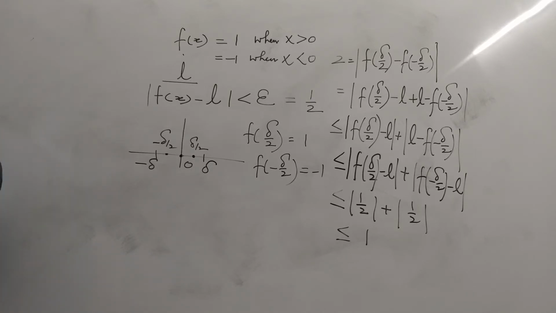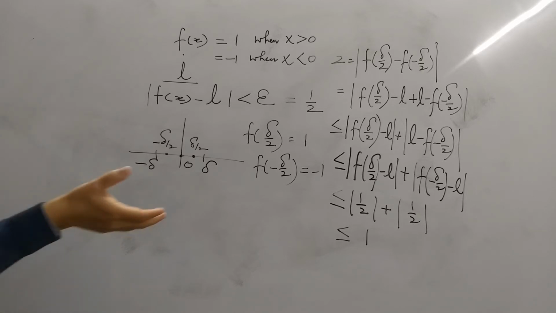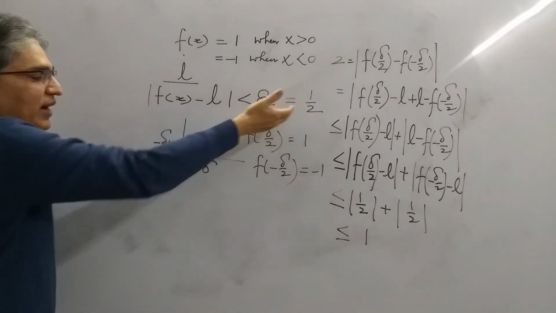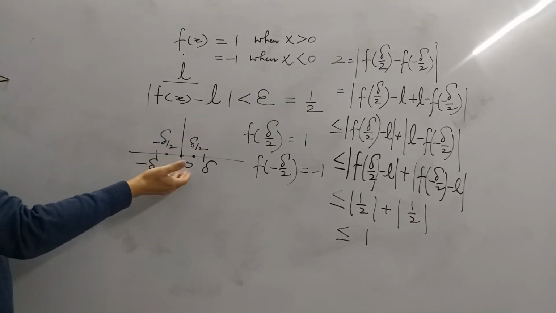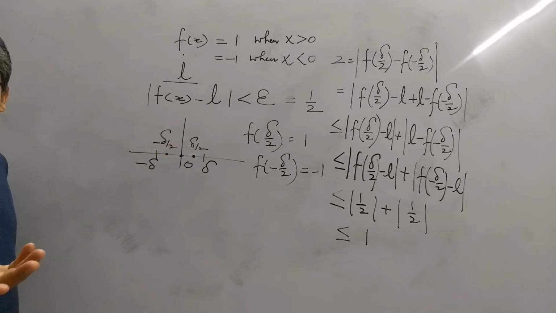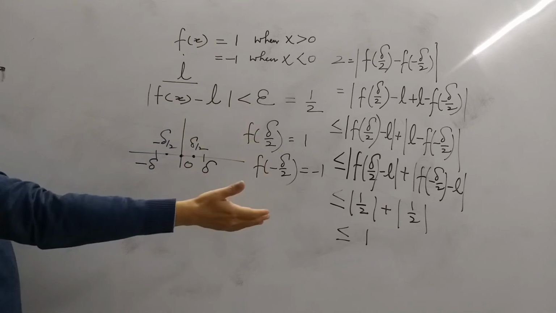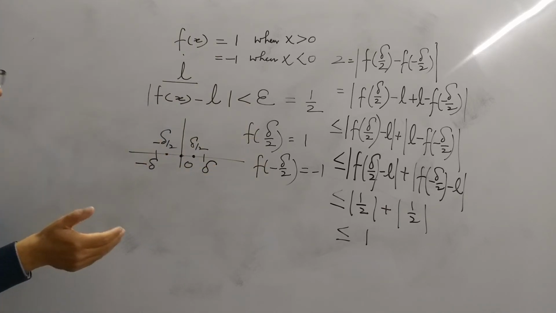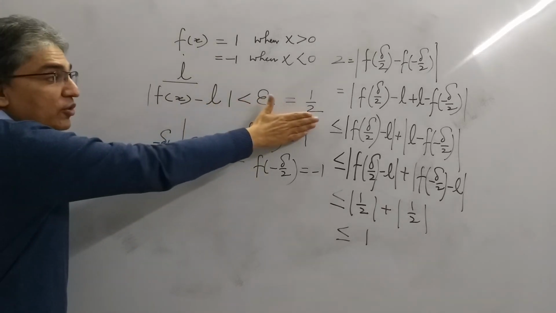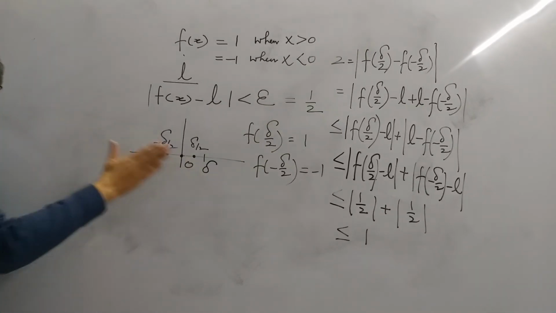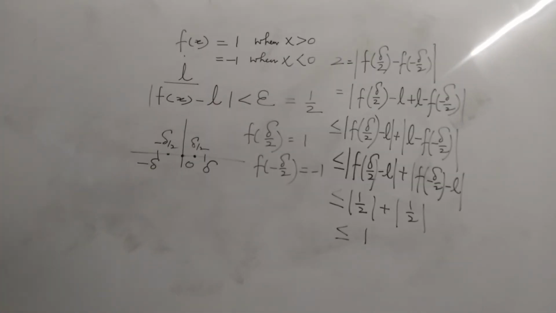Because if I forcefully create an epsilon of 1 by 2, I create a delta around 0 or around any value, and if I forcibly apply it, I reach an absurd result. So this means that if I create a neighborhood of half, I cannot create a corresponding neighborhood. That is not possible, no matter what value you choose.